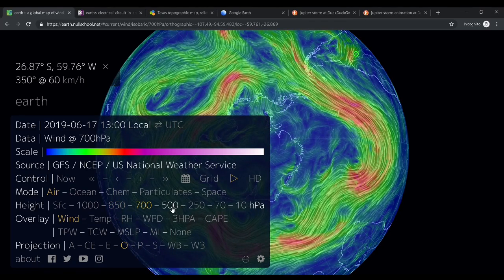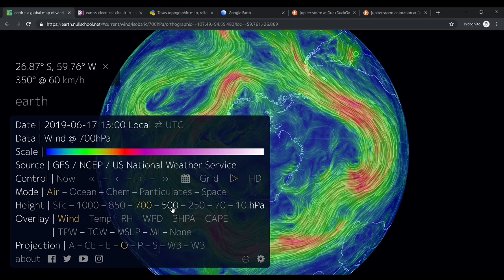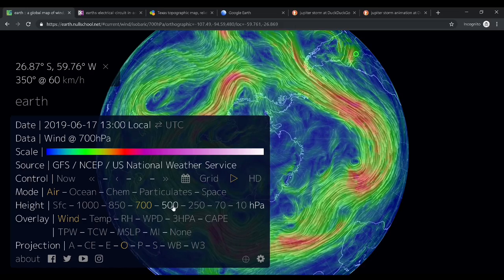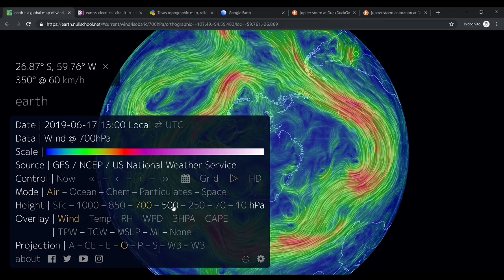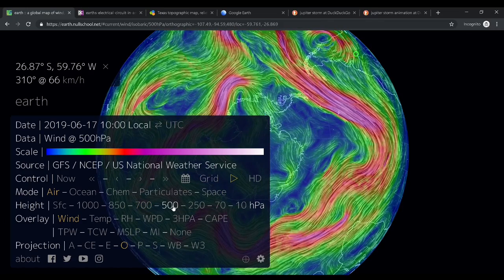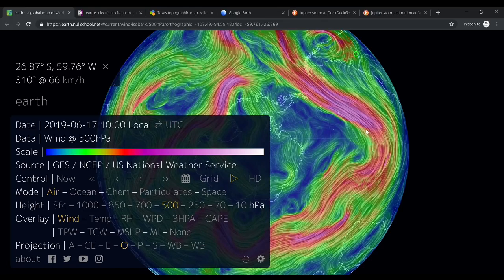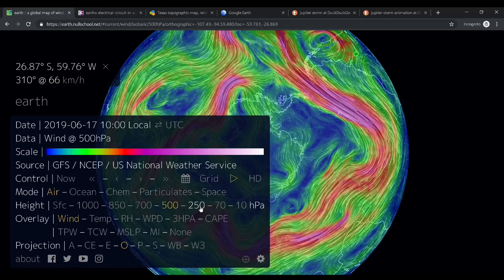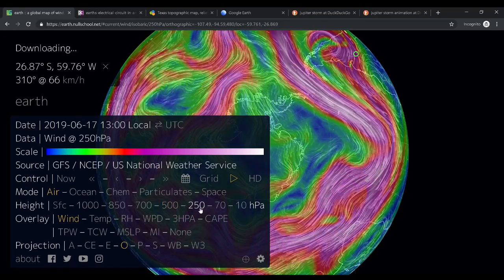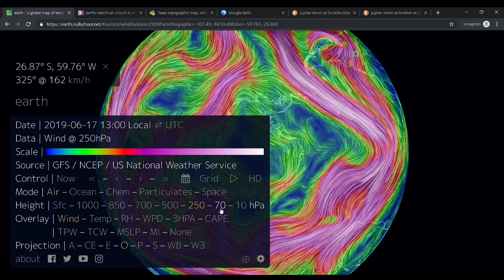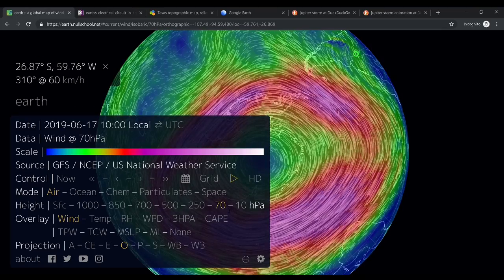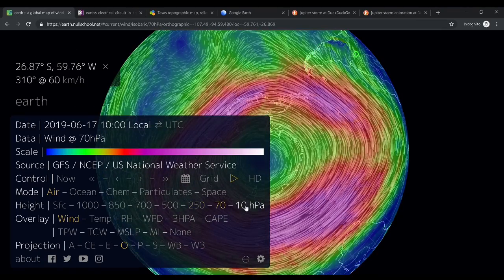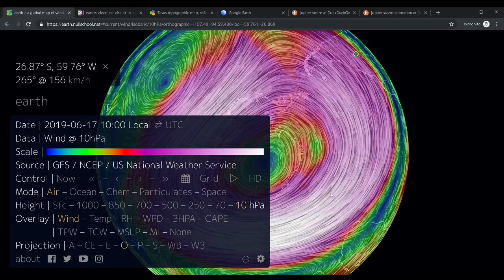So if you watch any of these cloud videos I post while I'm in an airplane coming down through these multiple layers, you can see how the different layers will connect through these cloud growths. And this is what it's being pulled up to. They call it the jet stream because that's where the jets go to get faster. 70. Boom. We're going way high up in the atmosphere now, and then all the way up.